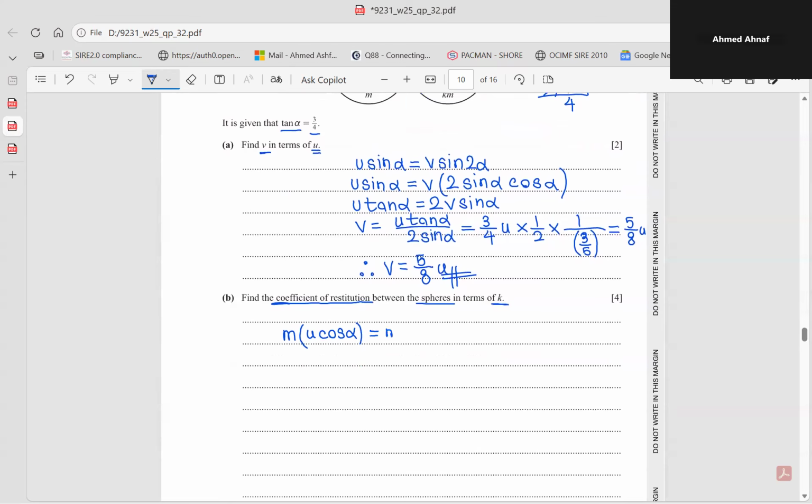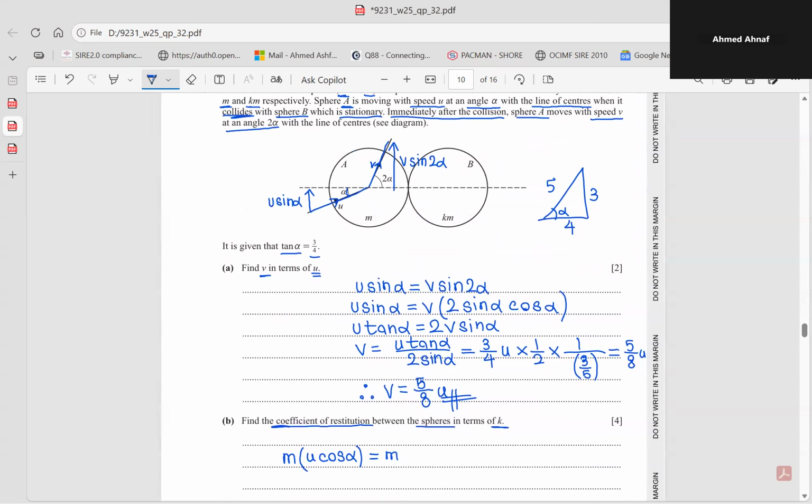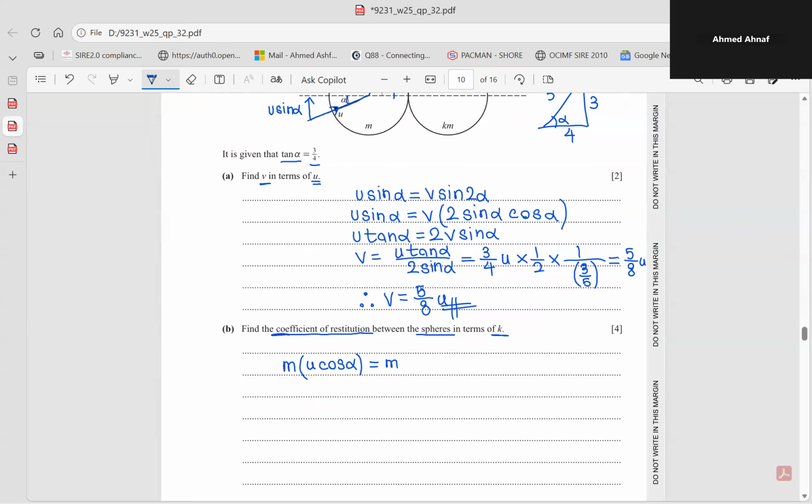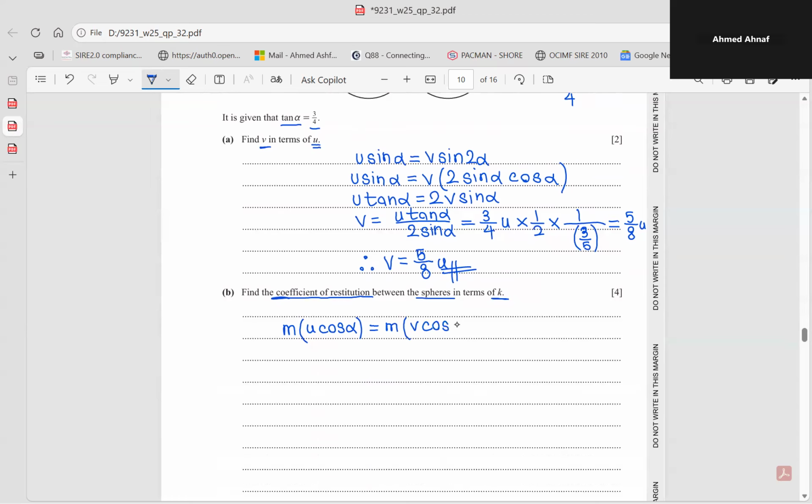And that is equal to m times the final velocity of A, which is mv cosine 2 alpha, plus km times the final speed of B, which I'm going to call VB.